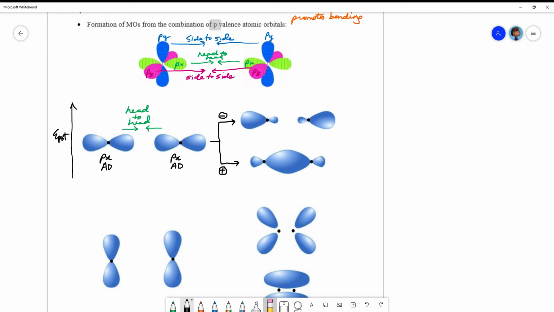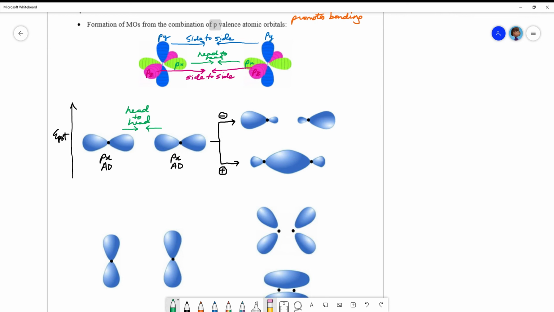So we make two new orbitals. This is one molecular orbital, and this, even though it doesn't look like one, is just one molecular orbital. Let's note that these molecular orbitals were both produced head to head. And that means both of these new molecular orbitals are sigma orbitals.